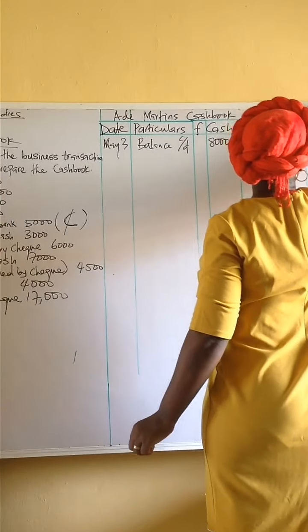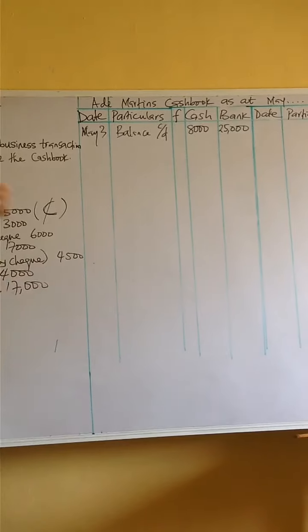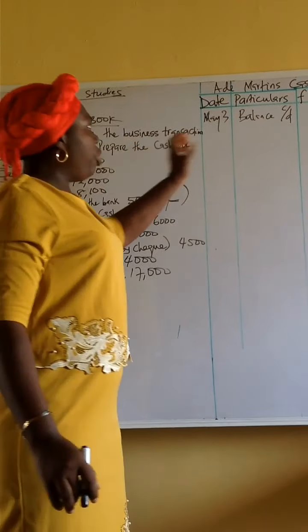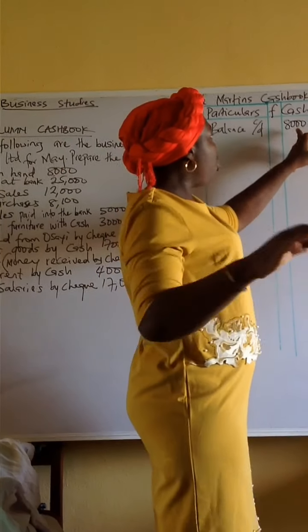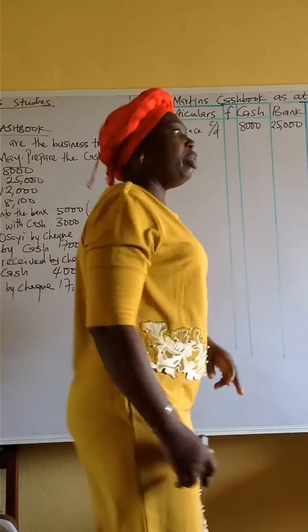They didn't give us the year. So from the previous month, April, the balance brought down or brought forward is 8,000 naira cash, 25,000 bank.